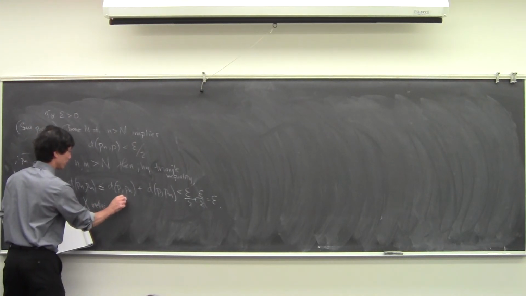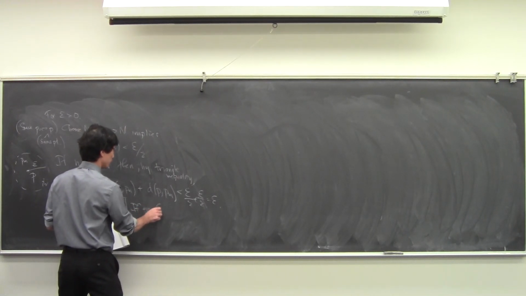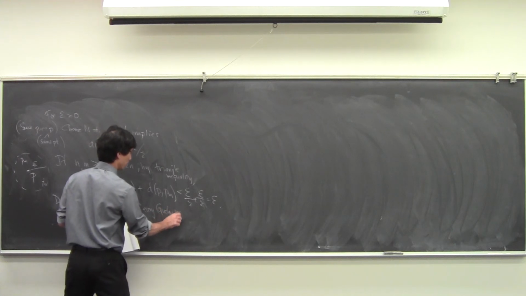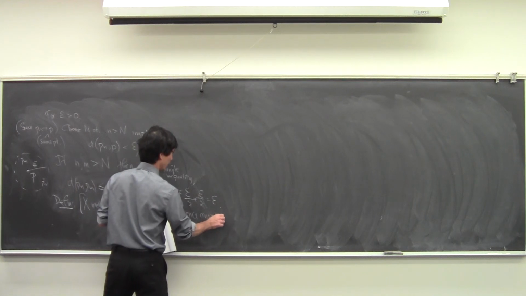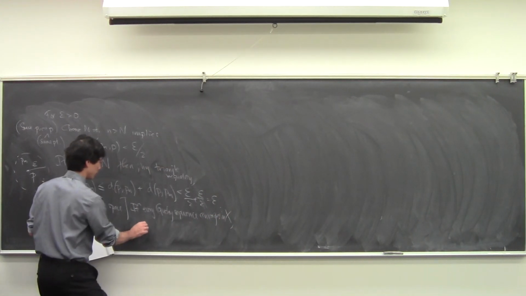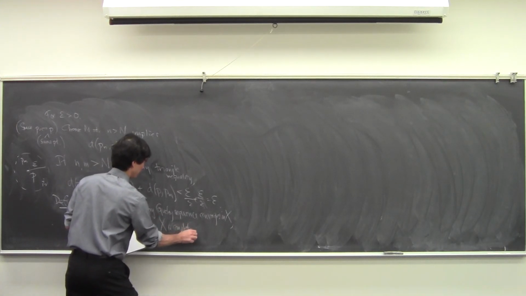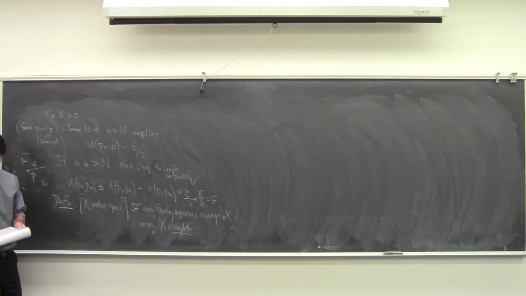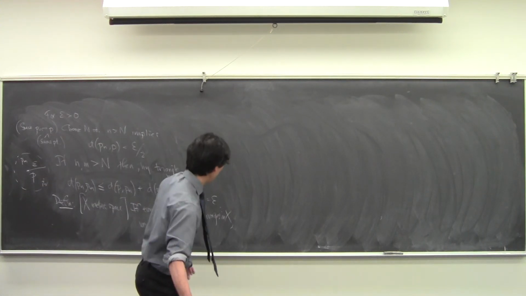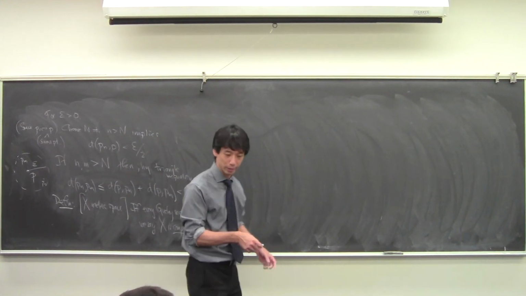If you have a metric space X, and every Cauchy sequence converges in X, we say X is complete. And what we're going to show right now is that R^k, Euclidean space, is complete.